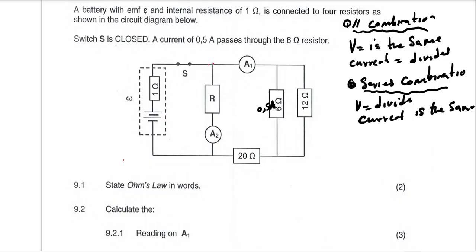When it reaches this point, it will split. Some will enter here, and the other current will go straight, and then it reaches A1. It is the current of A1 that we are looking for.